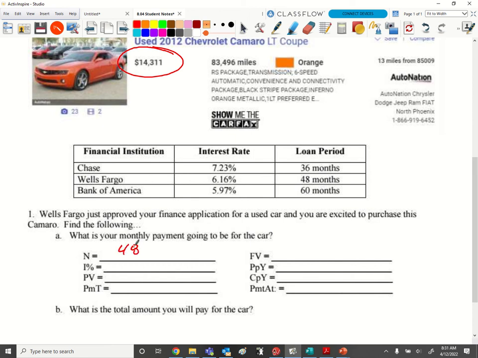What else do I get from that information from Wells Fargo? The loan period, that is a 48. The interest rate. Okay? My interest rate here is going to be 6.16, right? Oh wait, wrong line.